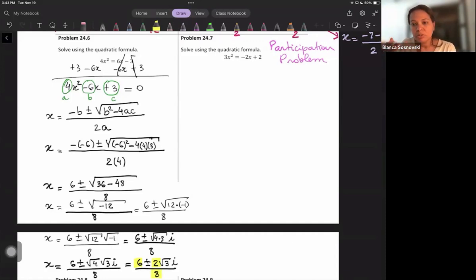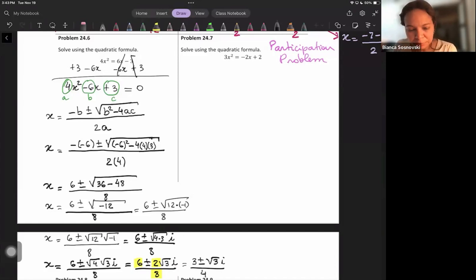So we are reducing all the numbers by 2. If you divide 6 by 2, you get 3. So this is 3 plus or minus 2 divided by 2 is 1. So I'm not going to write 1. I'm just going to write the rest, which is square root of 3i. And 8 divided by 2 is 4.